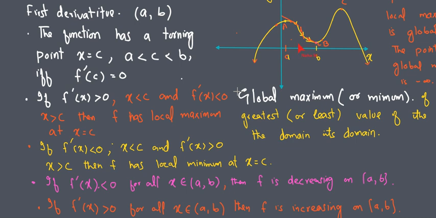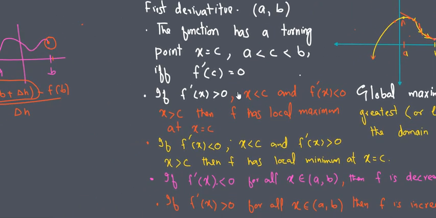Okay. Now, what are the key points? The key point is that now let me try to write some equivalent results to these points. I'm writing it in an equivalent way. At a turning point of f, when the function is changing from increasing to decreasing or decreasing to increasing, what we will get?